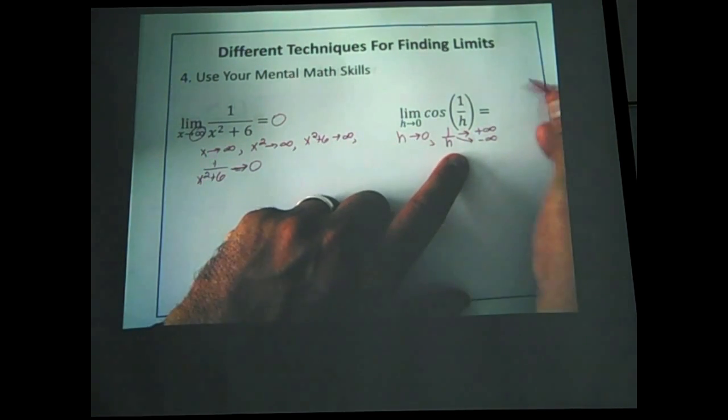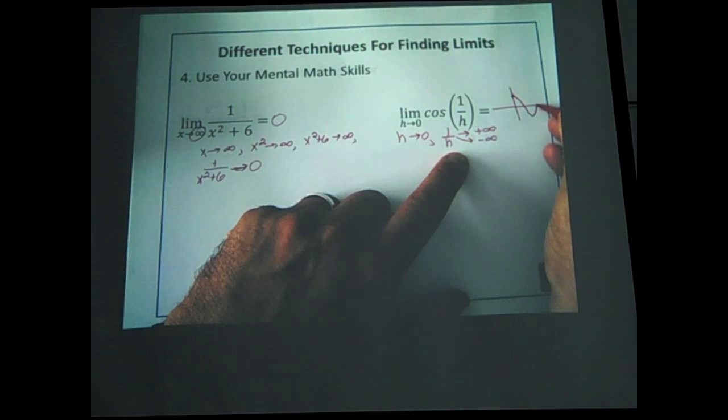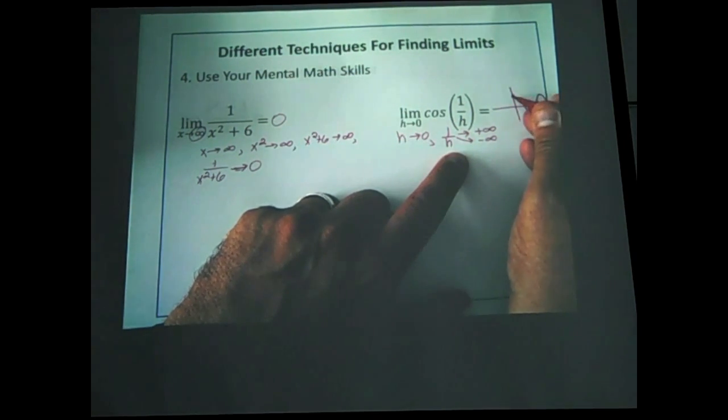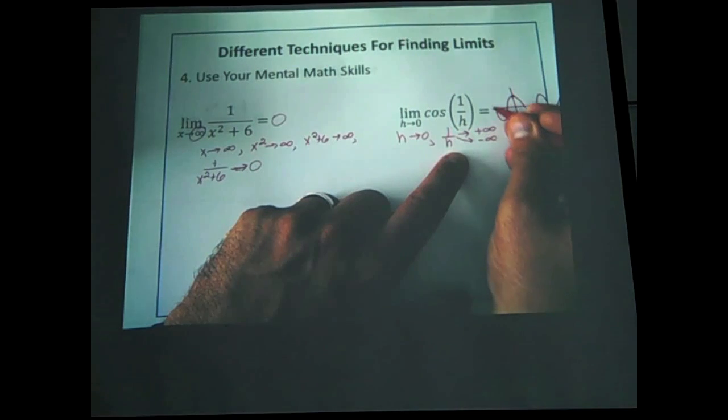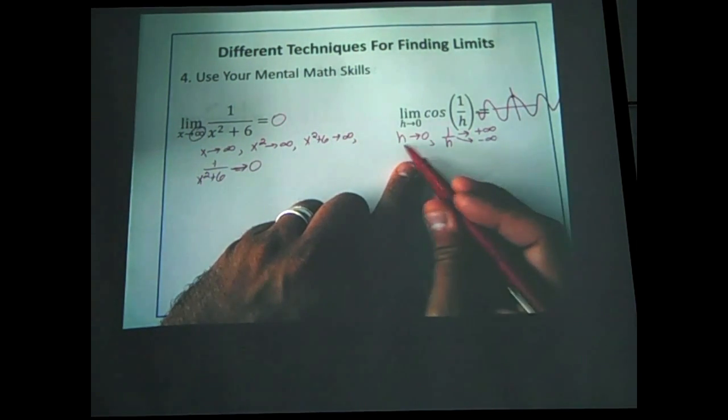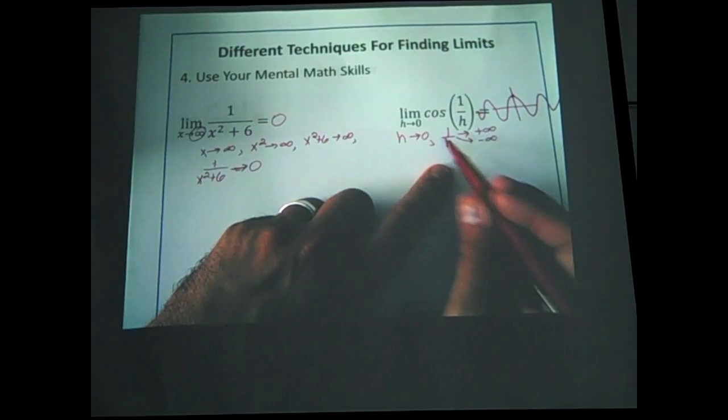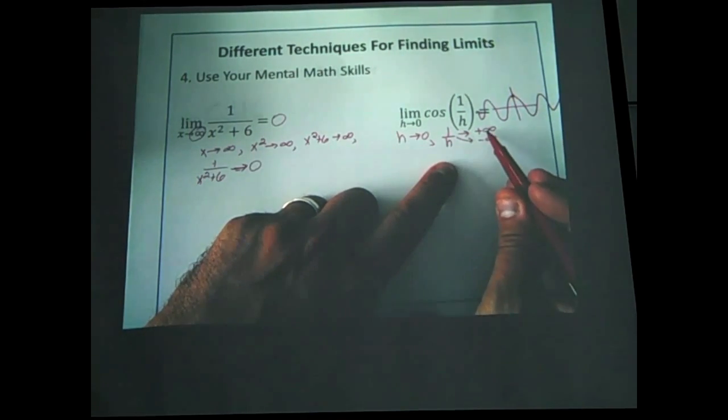What I know about the cosine graph is this. It starts here at the point (0, 1). It decreases and then it increases, and then it decreases and it increases. That continues to happen as we head out towards negative infinity as well. As h approaches 0, 1 over h is approaching either positive infinity or negative infinity.